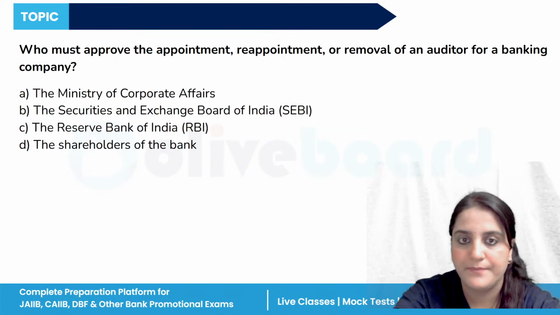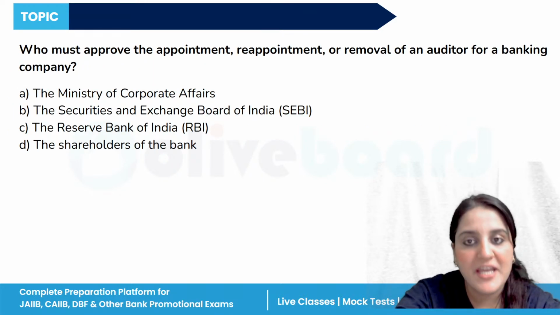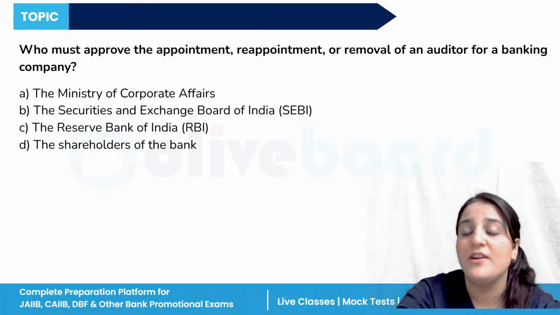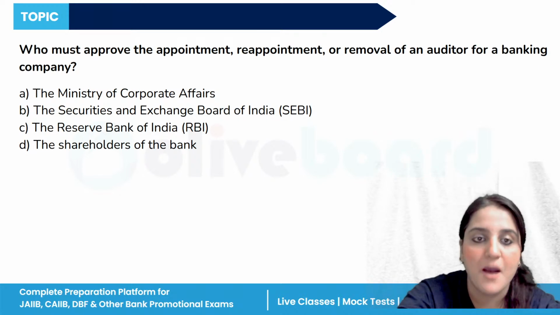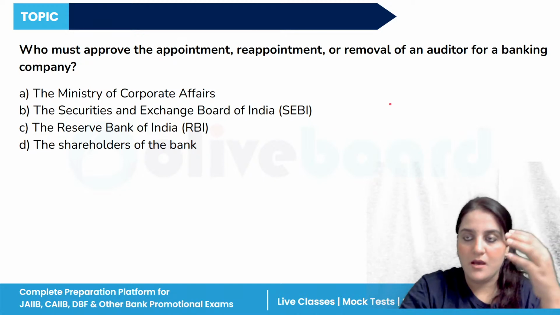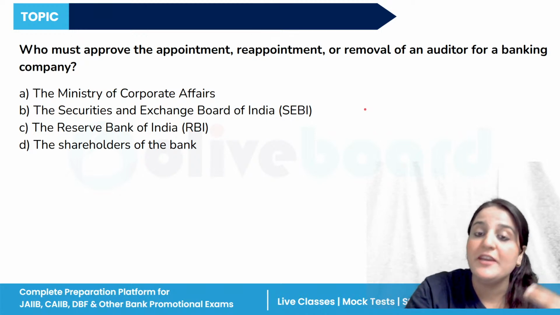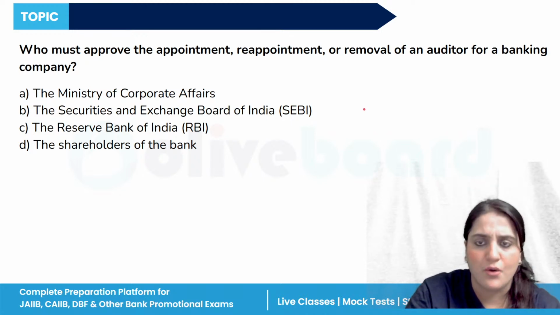Very good. Who must approve the appointment, reappointment, or removal of an auditor for a banking company? Who is responsible here? See, accounts must be audited by a person who is duly qualified under any law for the time being in force to be an auditor of companies.